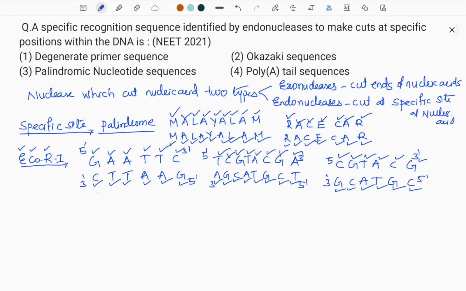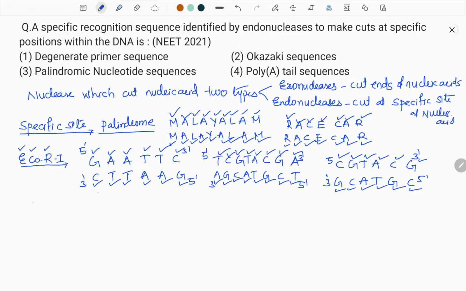So the restriction endonuclease produced by bacteria is aimed at restricting the growth, the proliferation, the pathogenicity of the virus. So it is called restriction endonuclease. So where will the restriction endonuclease cut in the palindrome?